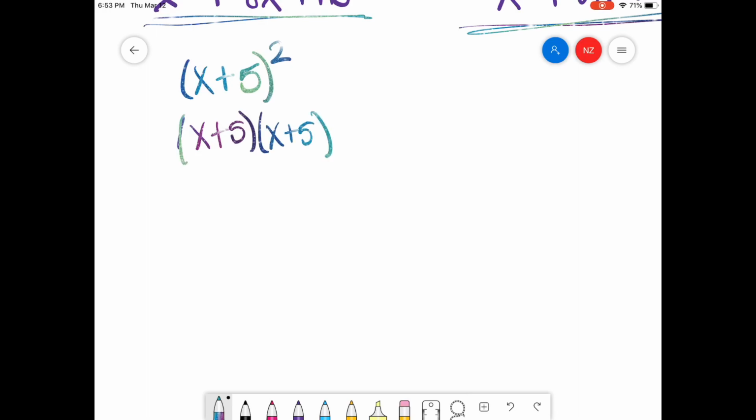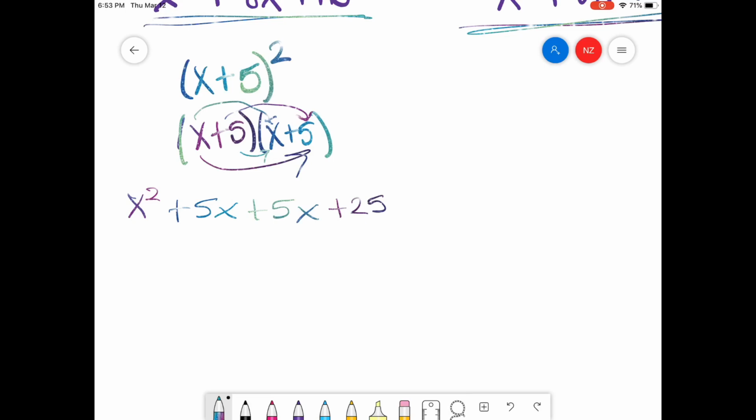When I FOIL this out, I have x squared plus 5x plus 5x plus 25. Combine like terms, you have x squared plus 10x plus 25, and there's my answer.